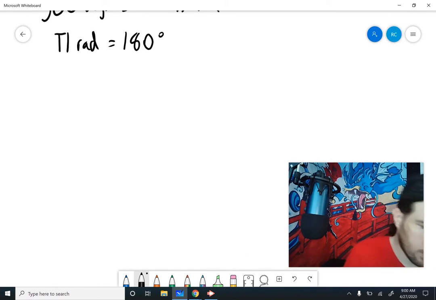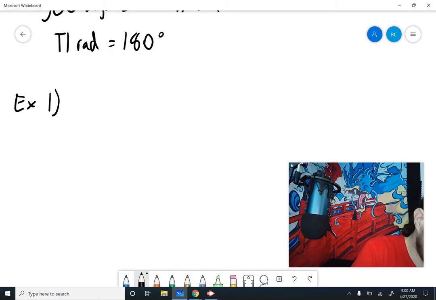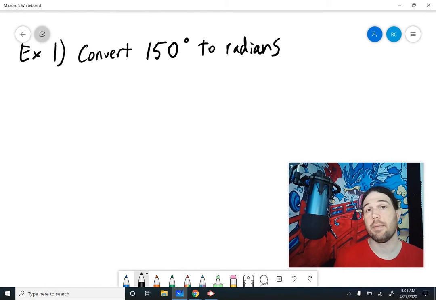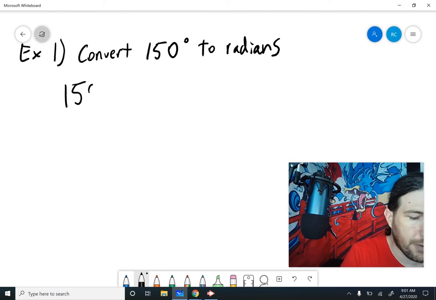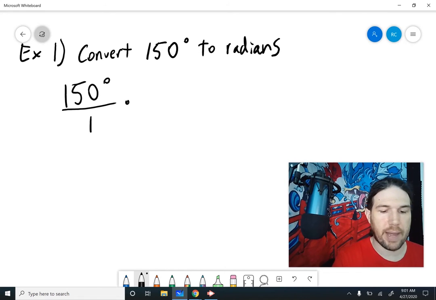For example, convert 150 degrees to radians. Okay, well, it's been a while since many of you have done unit conversion, but let's go ahead and give it a shot. We've got 150 degrees, and we're going to multiply that by some fraction that doesn't actually change the value of things, right?